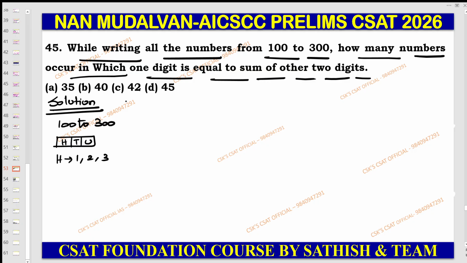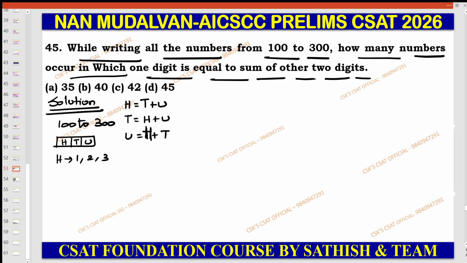Suppose you are taking the hundreds place, it must be the tens plus the unit place. If you are taking the tens place, it must be the hundreds place plus the unit place. If you are taking the unit place, then the tens place plus the hundreds place. So how many such possibilities are there? Understood? This is the concept. Getting?